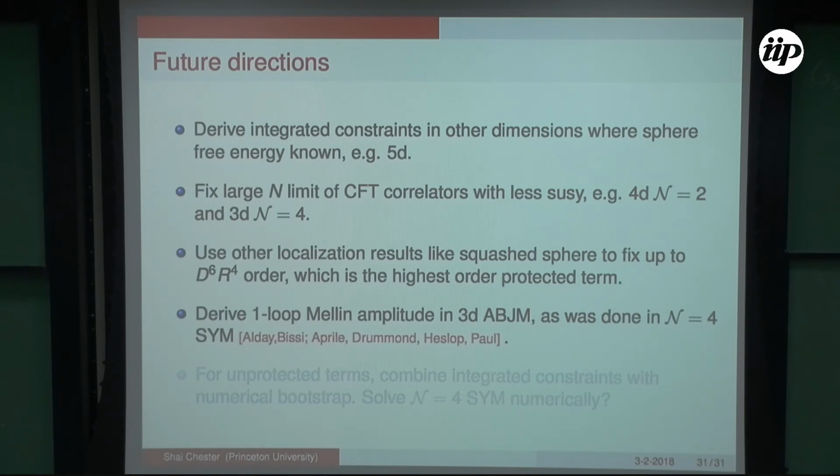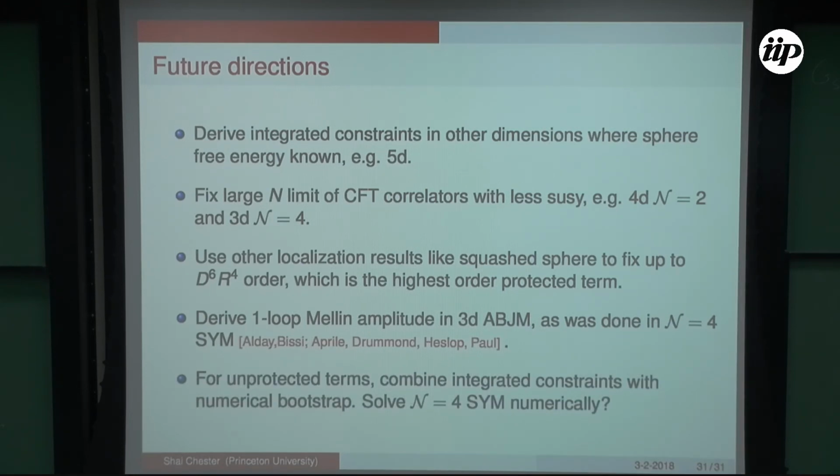Lastly, and I think from the most exciting perspective, so far I've just been talking about protected terms. But there's a lot more in the universe than protected terms. There are infinite terms that go beyond the protected terms, and we'd like to learn about them too. But luckily, we have this wonderful method called the conformal bootstrap, which can teach us about non-protected terms.